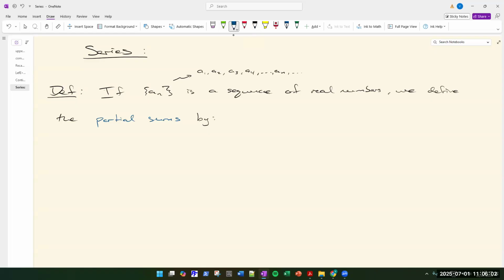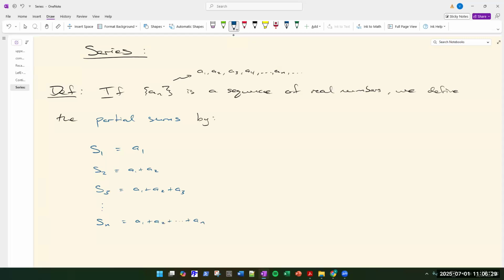So the partial sums are defined by: the first partial sum is just the sum of the first one term. The second partial sum is the sum of the first two terms. The third partial sum is the sum of the first three terms. So you get the idea. The nth partial sum is the sum of the first n terms.